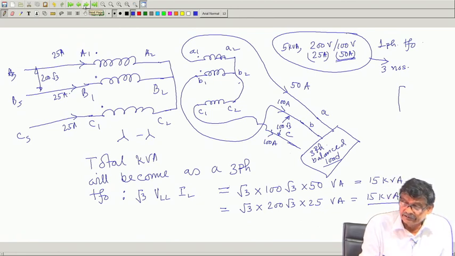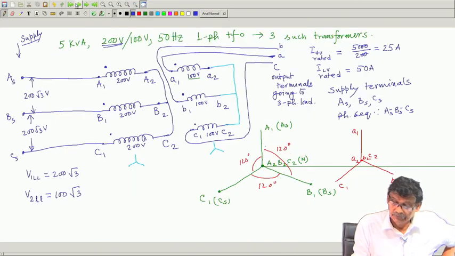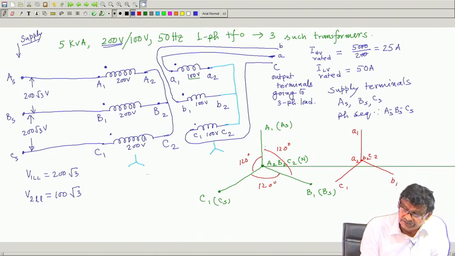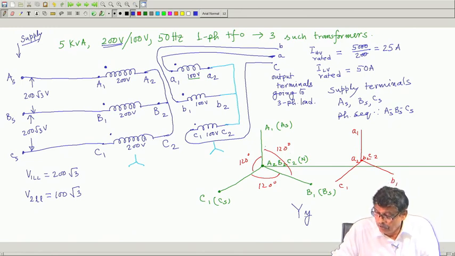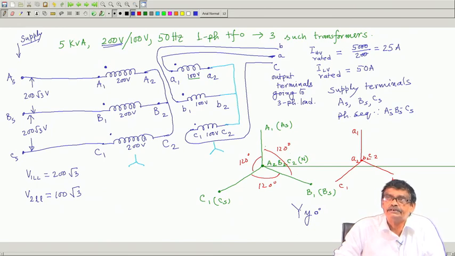Now, this star-star connection, as you can see, which I have done here in the first slide, is called star-star. Generally, this is how it is written, Y y, small y for the low voltage side, capital Y for the high voltage side, and then there is a number written, 0 degree, besides it, Yy0.